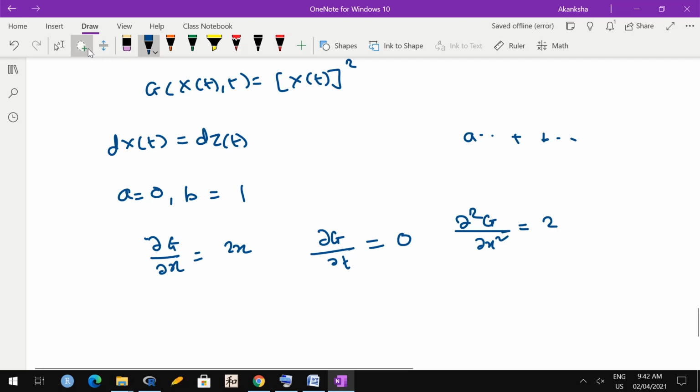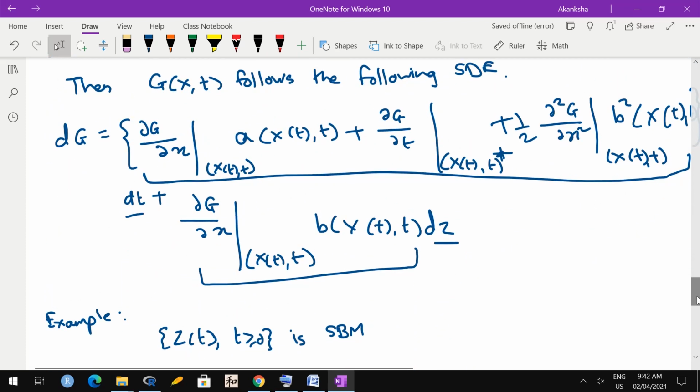So I have these values and now we substitute in the equation for the Ito process. ∂g/∂x times a, a is anyway 0 so it won't contribute, plus half times we substitute these things. So what do we get?